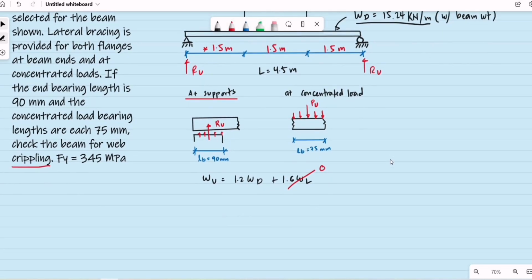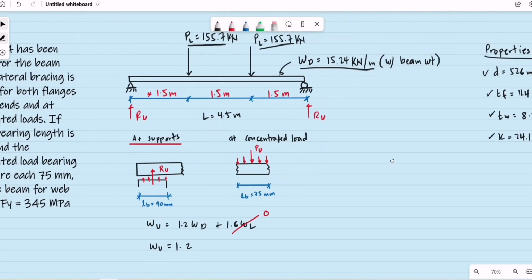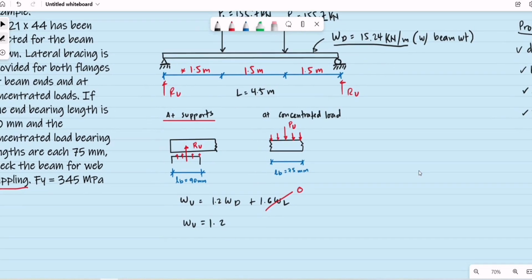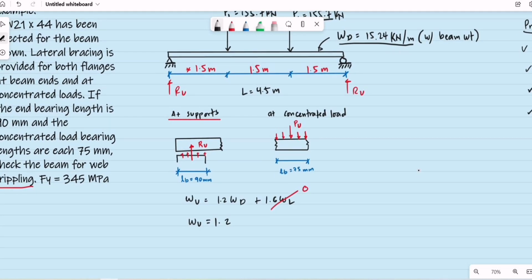So let us compute the ultimate uniform load, that is equal to 1.2 of the given. So this is 15.24 kilonewtons per meter, including the beam weight. So this is multiplied by 15.24 kilonewtons per meter.